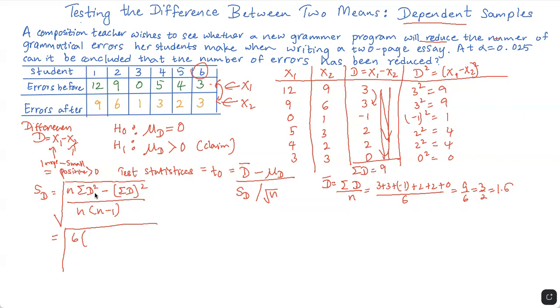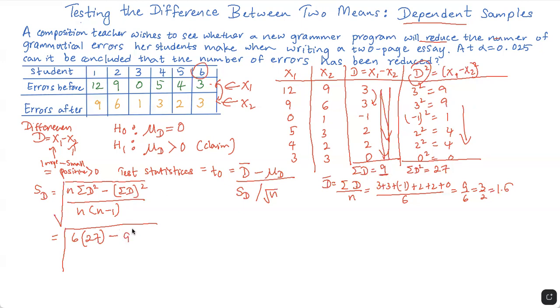And summation of D square, summation of the square of differences. So this is the D square column. So we need to take the summation of all these numbers. Summation of D square, as you can see, is 27, right? And summation of D square is 27 minus sum of D. Sum of D is 9.